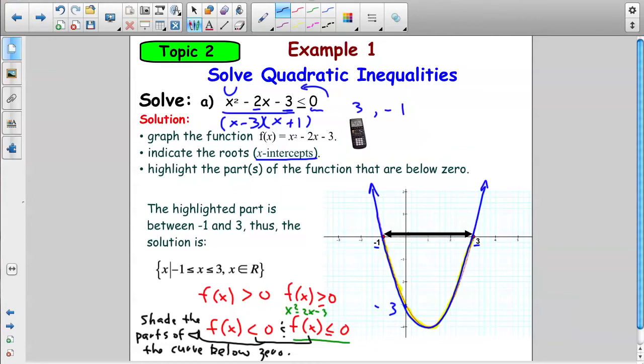Okay? And this one would be these two, because greater than or equal to is above the 0.